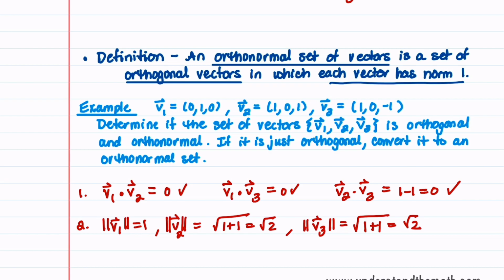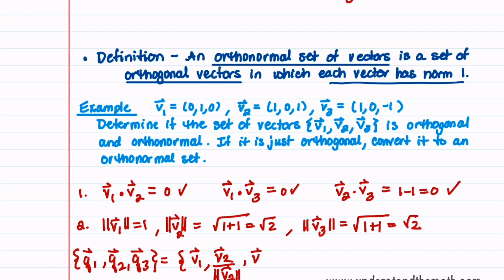We can, however, make it orthonormal if we divide the vectors by their magnitude. So we can say our orthonormal set is going to be Q1, Q2, Q3, which is going to be V1, V2 divided by its norm. We didn't do that for V1 because its norm was already equal to 1. And then V3 divided by the norm of V3.